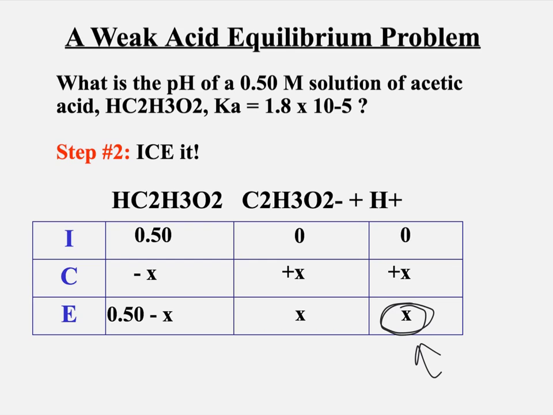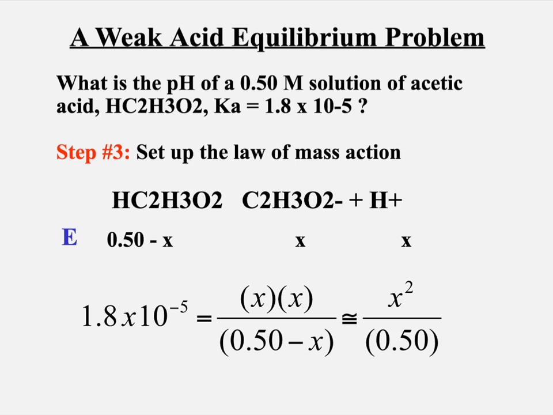And if we're going to stick acetic acid into a solution, we know that we're going to start with 0 of these initially, and then whatever dissociates from the complex is X. Set up the law of mass action, and you get something that looks like this.